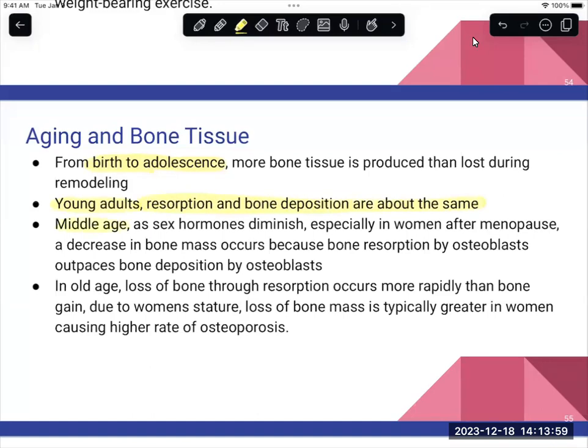As those sex hormones start to go down, women and men after menopause, bone mass goes down significantly because bone reabsorption, that breaking down, I should say osteoclasts. We're breaking down more bone than we are building. And in old age, again, we are reabsorbing more bone than we are gaining.